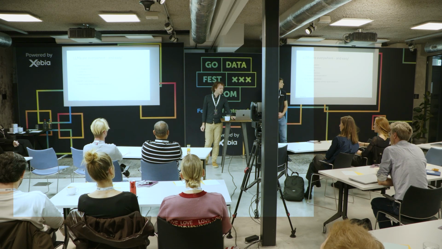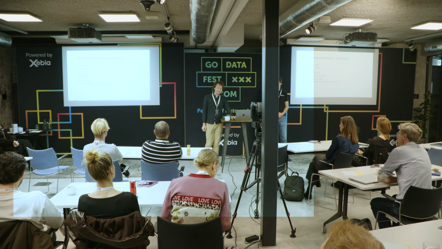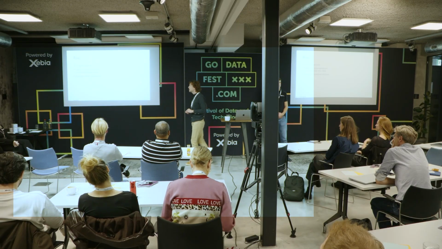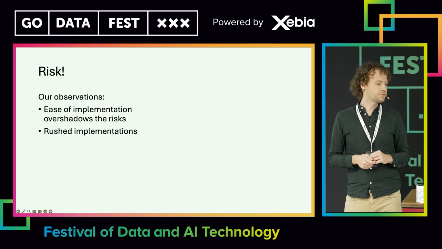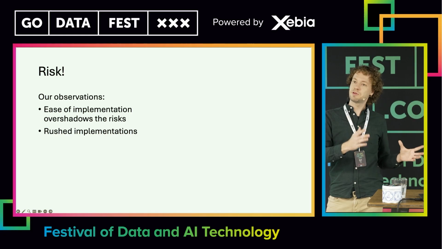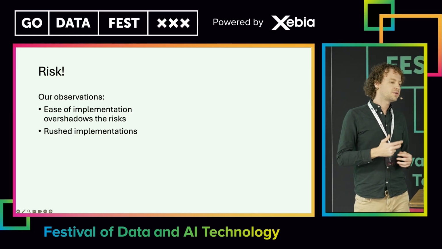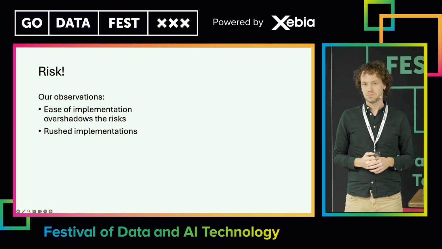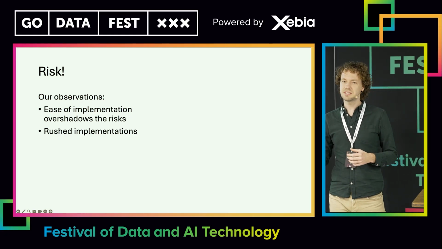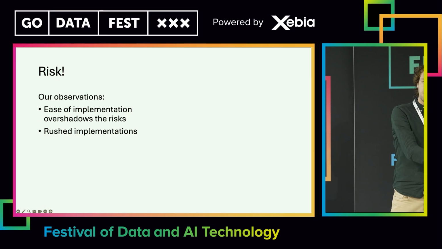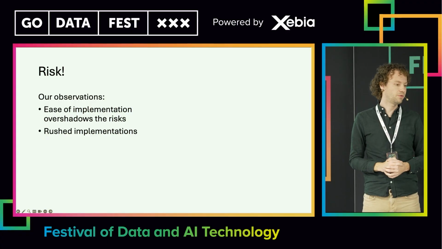But it all sounds fun and easy, but there are also some risks involved. Our observation is that we often see that the ease of implementation, that single API call, also sometimes overshadows the risk. Because if it's so easy, we often underestimate the risks that are involved when we use this external tool, when we send out this prompt or use an LLM in general.